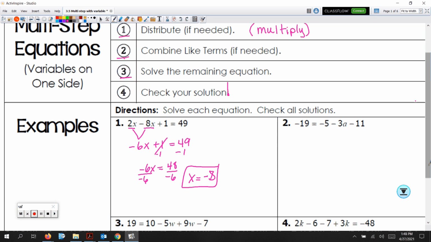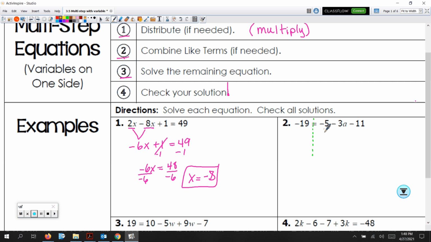Now let's look at number 2. Again, I don't have any parentheses, so I'm just going to combine like terms. Always remember that this equal sign separates the equation into left side and right side. Okay, so I have just negative 19 on the left side, but I have negative 5, negative 3a, and negative 11 on the right side.